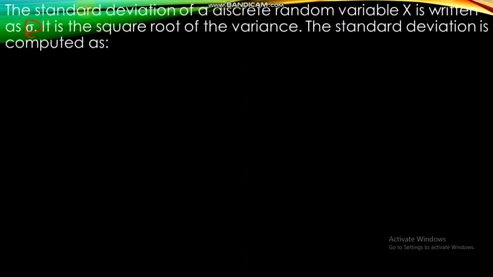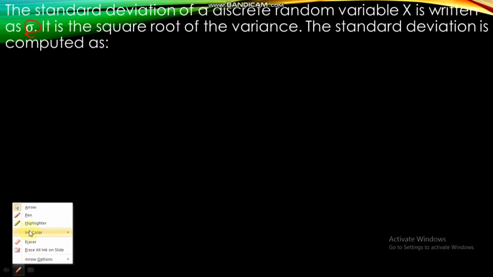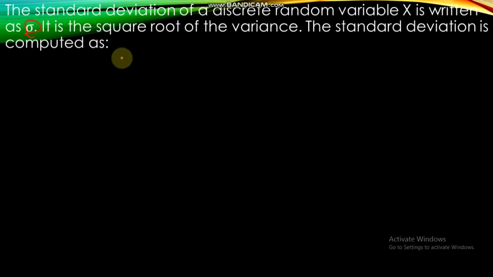So once we get the value of the variance, we then take its square root. That is the value of the standard deviation. So the formula in finding the standard deviation is the square root of the variance. So the symbol sigma equals the square root of the variance.